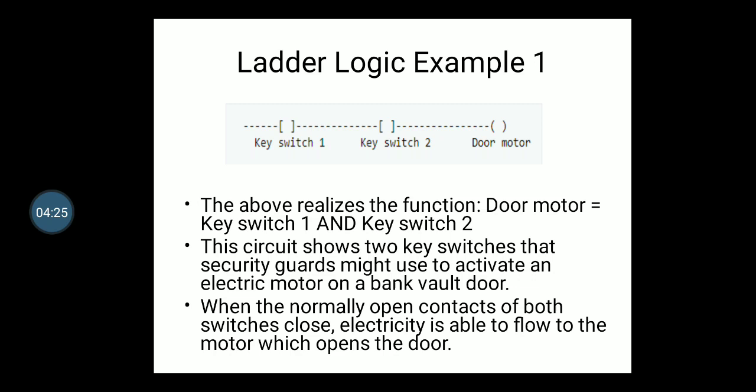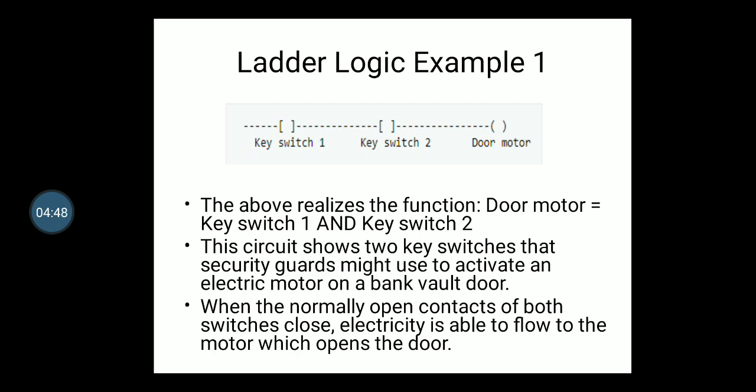Suppose there is one motor. Door motor means the motor which is used to open the door. This circuit shows the 2 key switches that a security guard might use to activate an electric motor on the back of the wall door. When these 2 switches are pressed, only then will the door open or close.